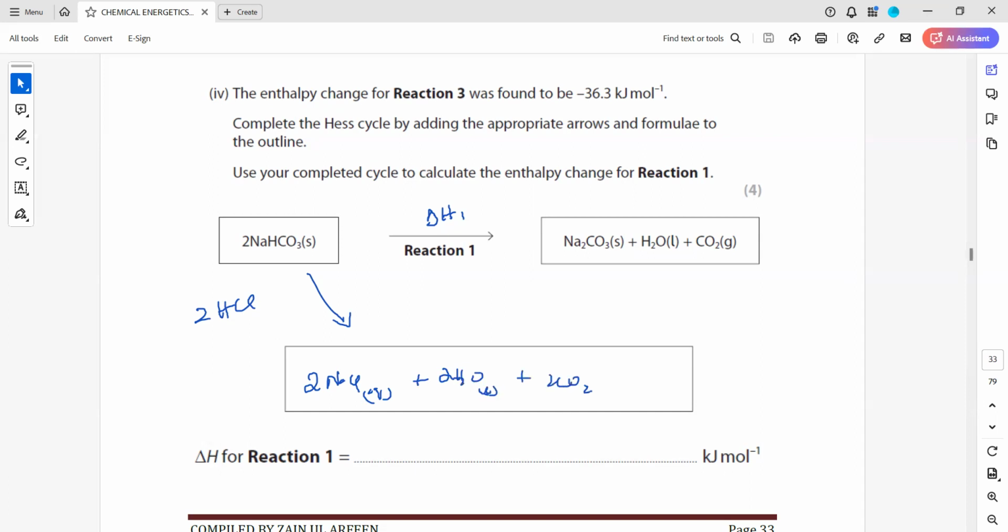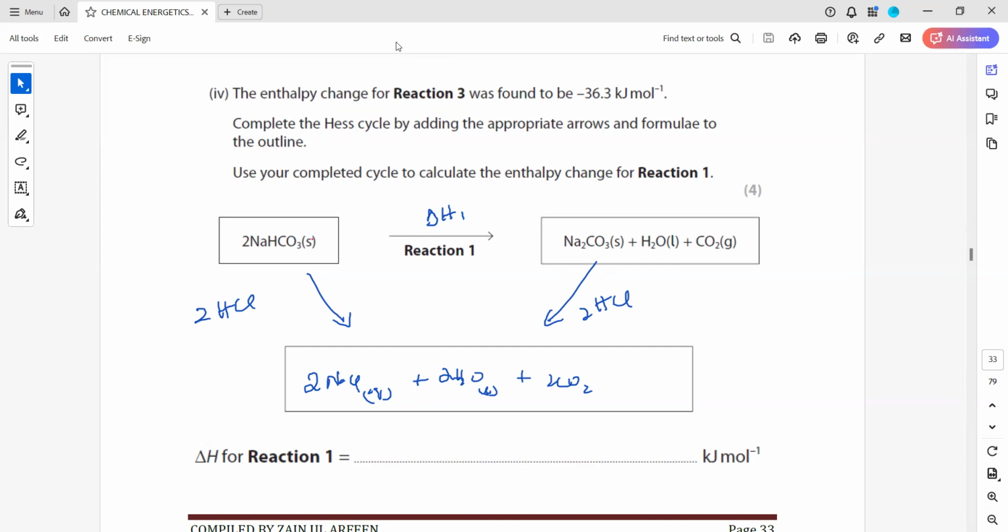Or what might happen? This sodium carbonate might react with hydrochloric acid to give the same product. For Hess's law, the overall energy change is independent of the route or the path we follow. Like this is delta H1, this is the first.